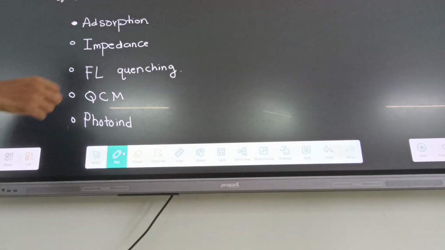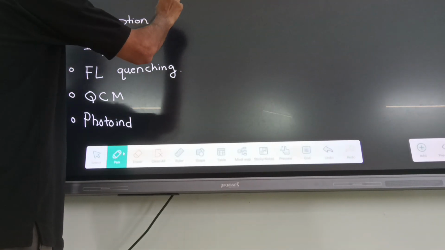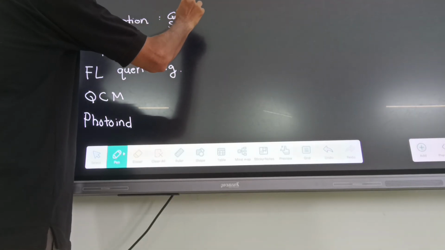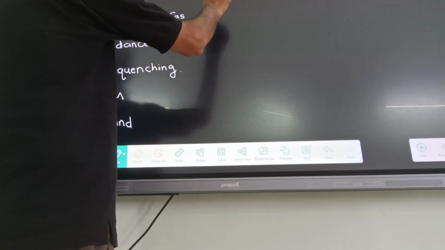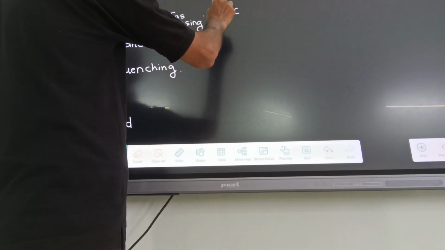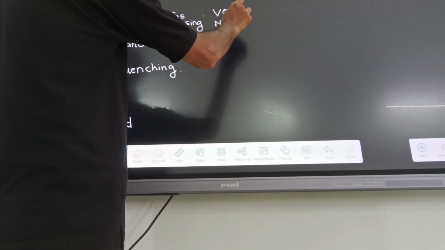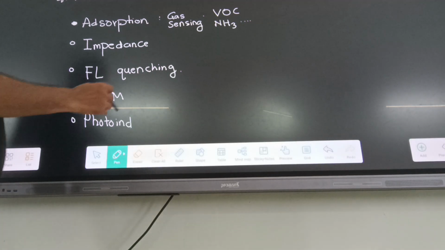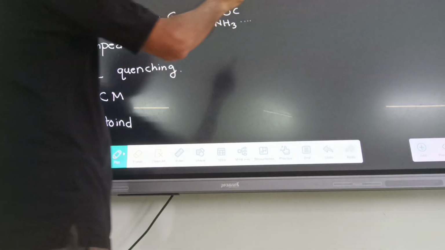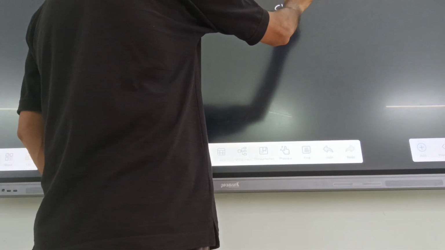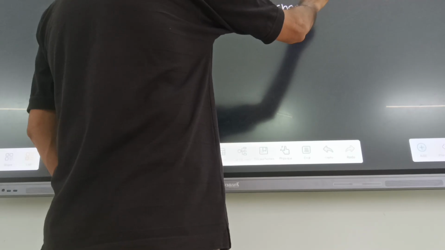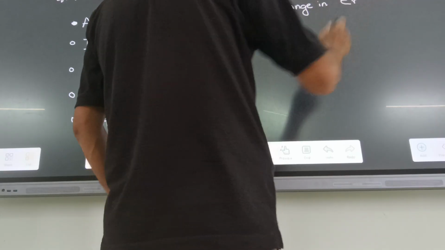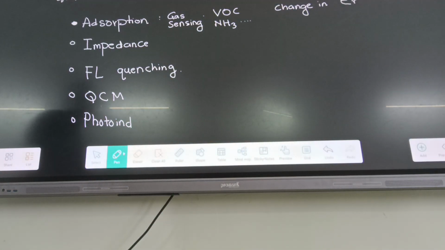Absorption basically is used for gas sensing. Gas sensing में absorption use होता है. So, like volatile organic compounds, NH3, and all the different gases. So what this MOF does, as the gas is absorbed, there is a change in dielectric constant.